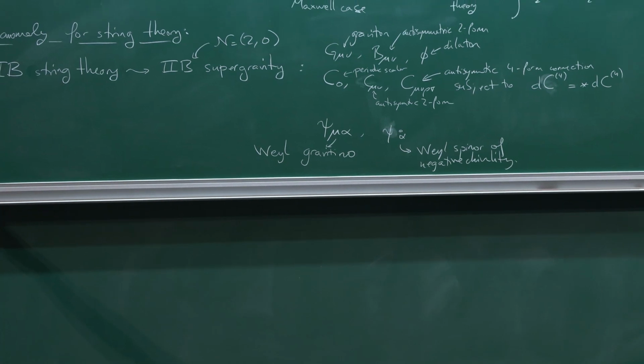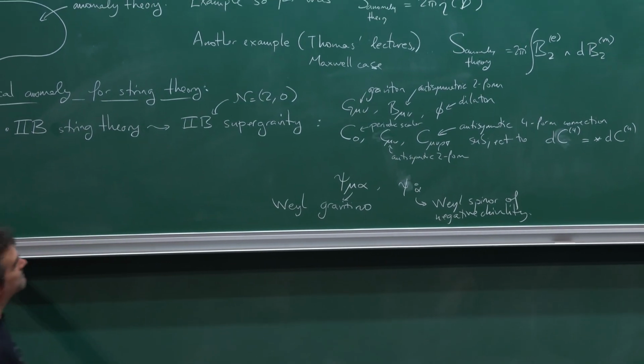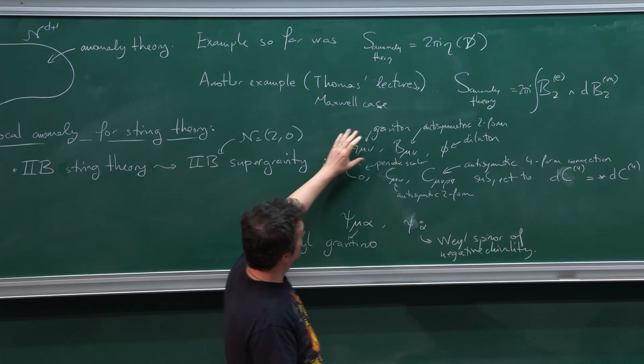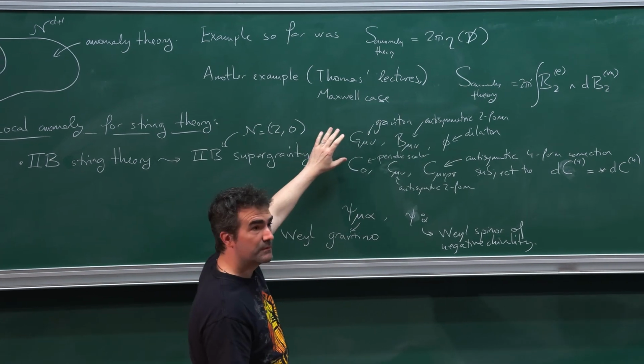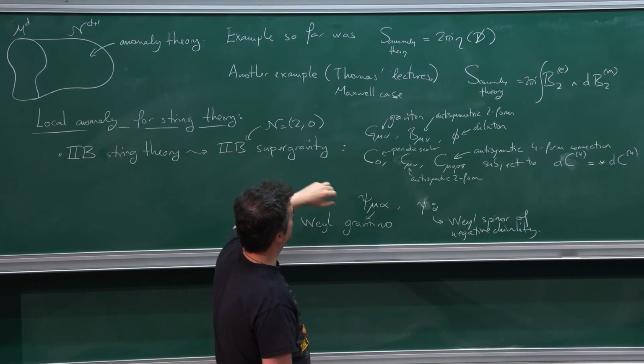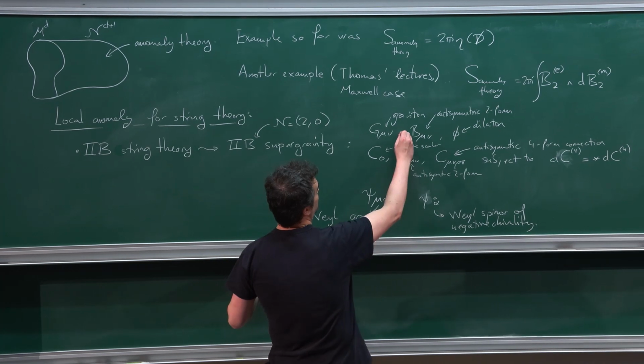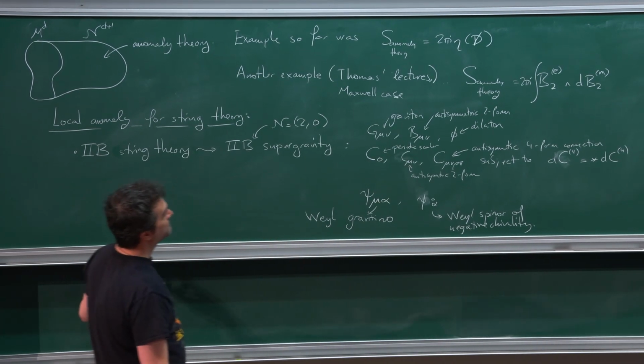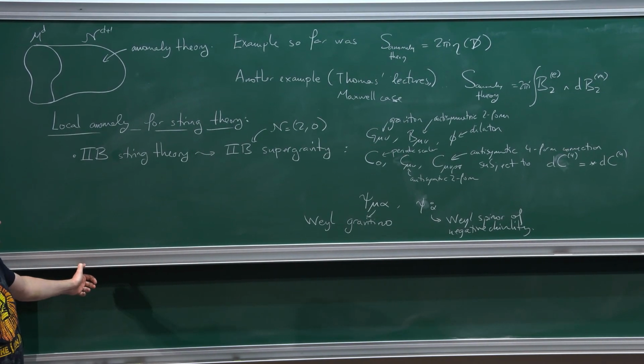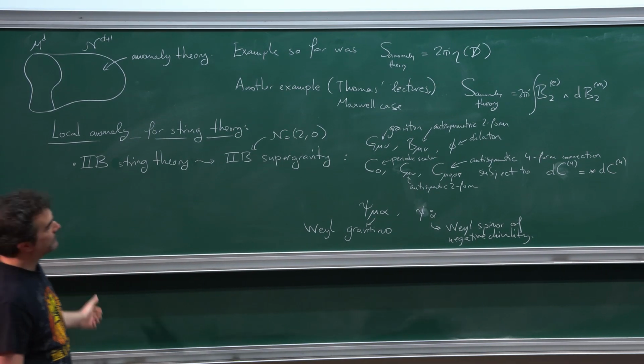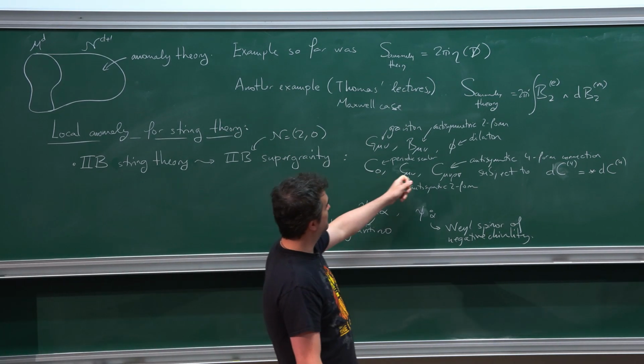But some of the other fields require some thought. These fields here, these are bosons, and they can be regulated in a way that doesn't break any of the symmetries that we're after, in this case, Lorentz invariance. So we don't need to worry about this further. The same is true for these two.